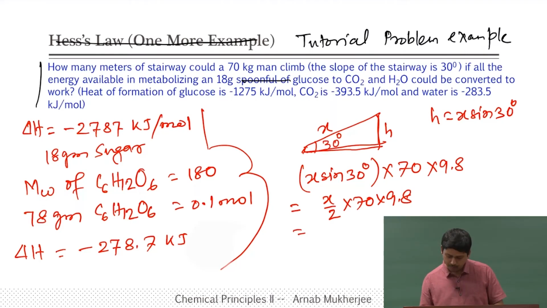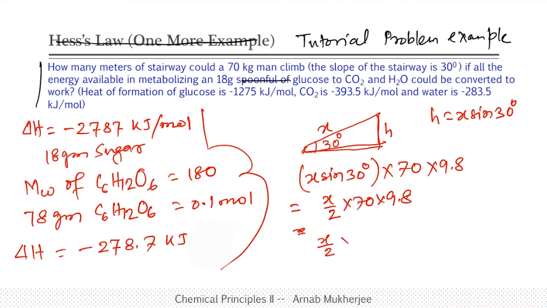is equal to, or we can actually do that right away. So, now x by 2 into 70 into 9.8 is now equal to 278.7. So, negative I am not using because that negative is basically giving us energy. So, that is a positive now.